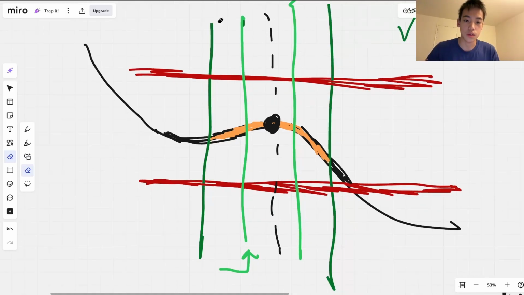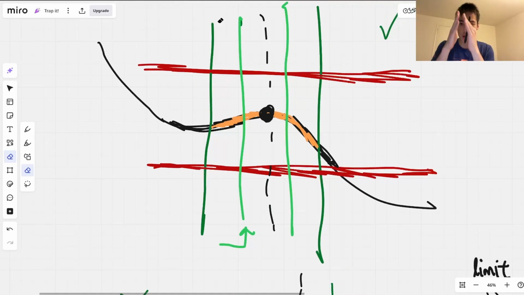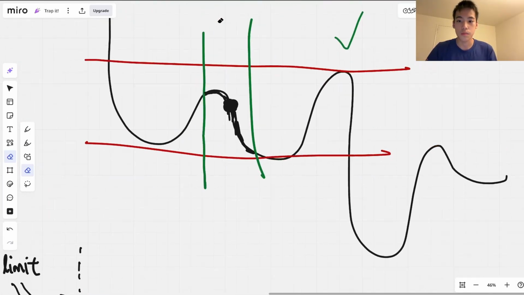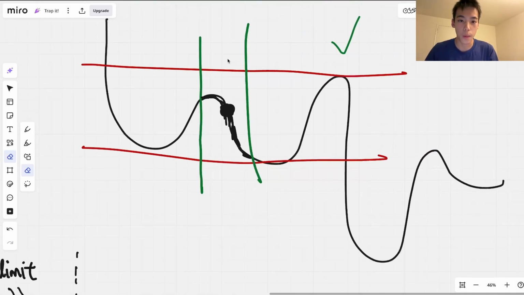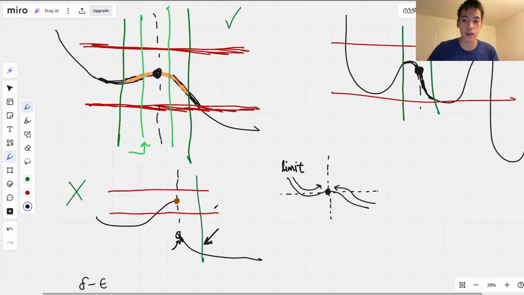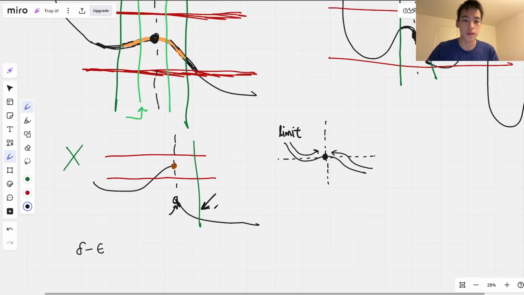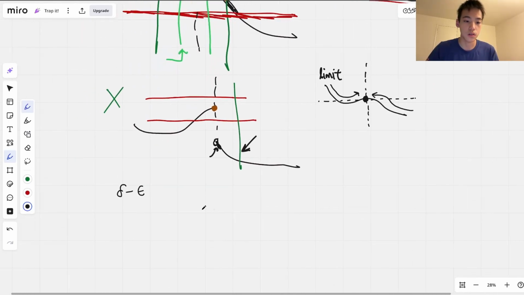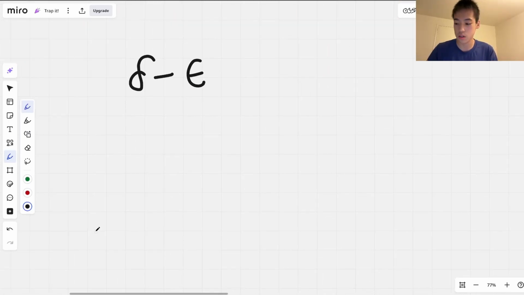You can imagine it as a vertical line. The dashed black lines in all three of these diagrams are going to be our x value. So let's say we want to approach a vertical line x equals a. Those were our dashed lines above.